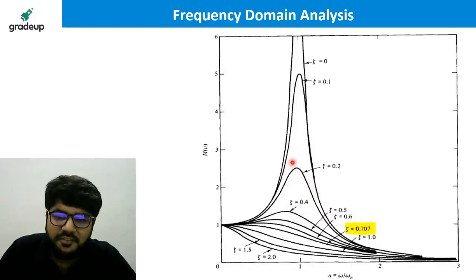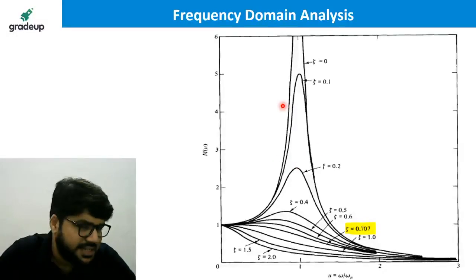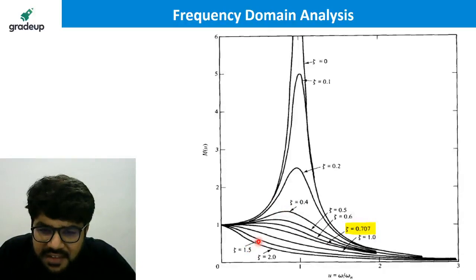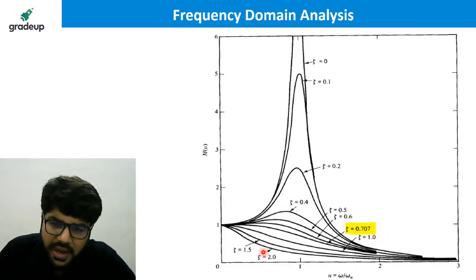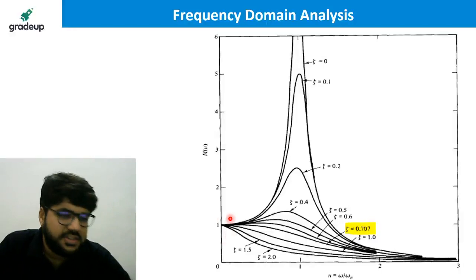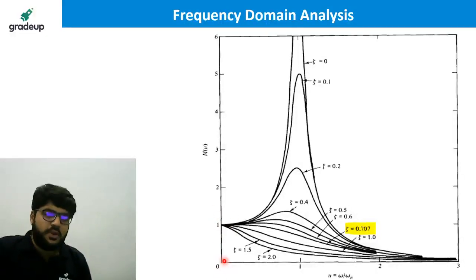But the value of the peak decreases if zeta increases, and as I showed in the last graph also, omega r decreases. And if you take any value of zeta greater than 0.707, like 1 or even overdamped, there is no resonant peak. It is just equal to 1, and that is obtained when the frequency is 0.